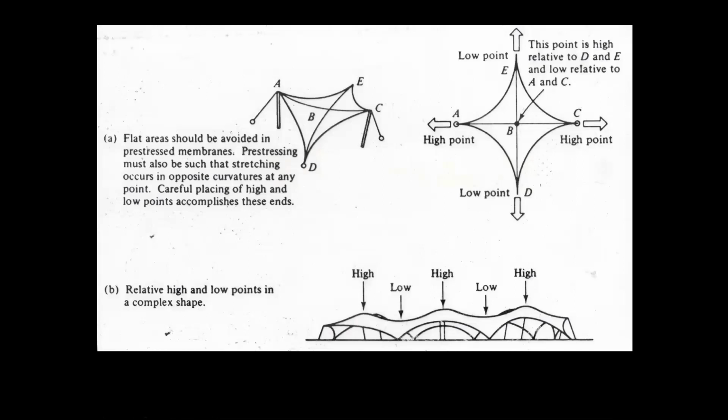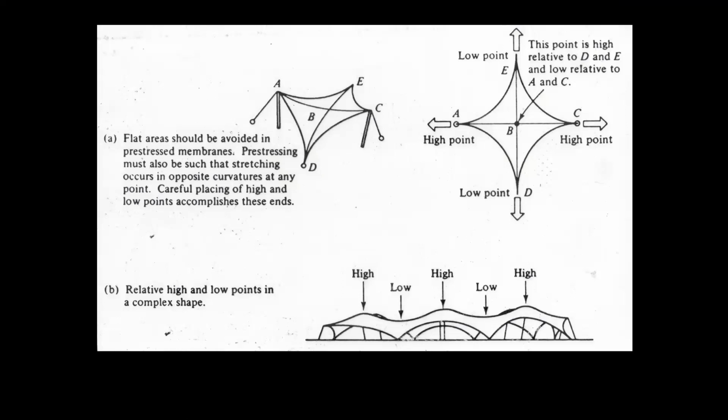The other type of tension structure is where we use fabric. And we might call this a fabric structure. And here's an example of a very simple fabric structure. It's got 2 masts and 2 connections to the ground. And fabric structures have to have reversed curvature.